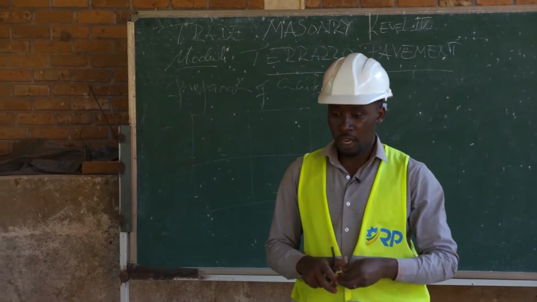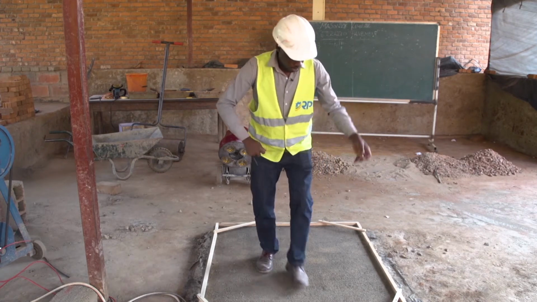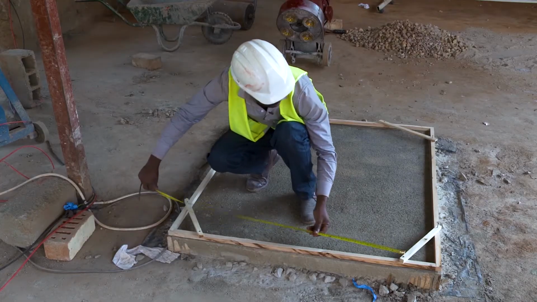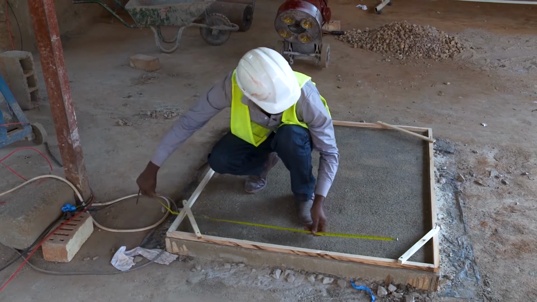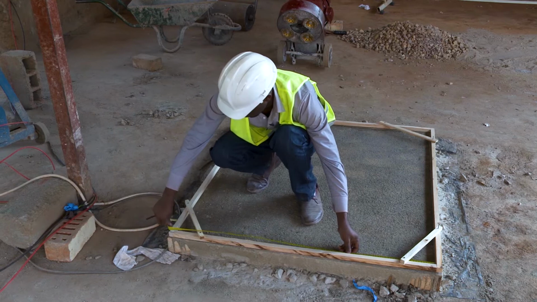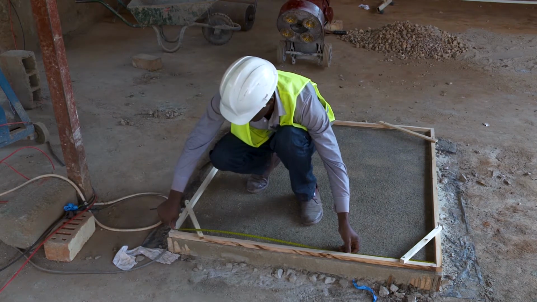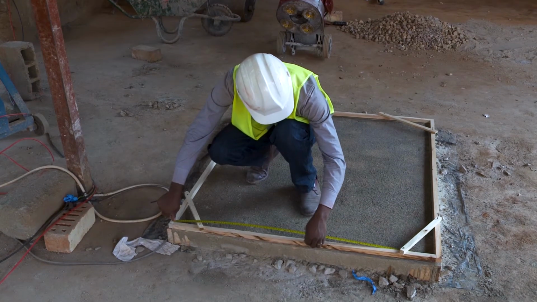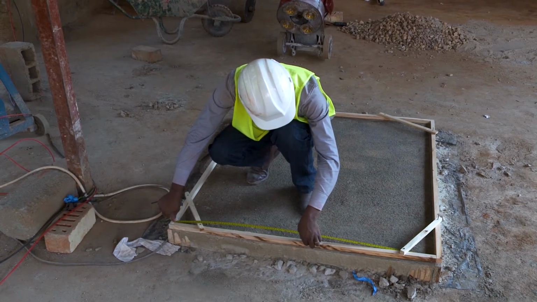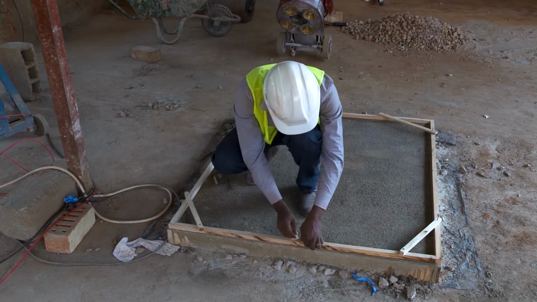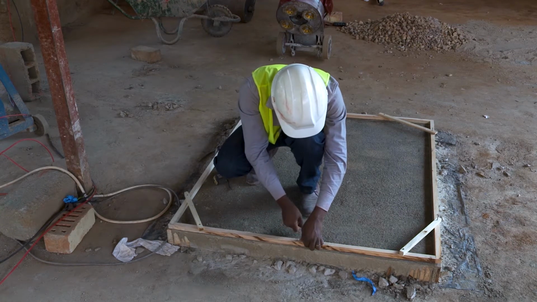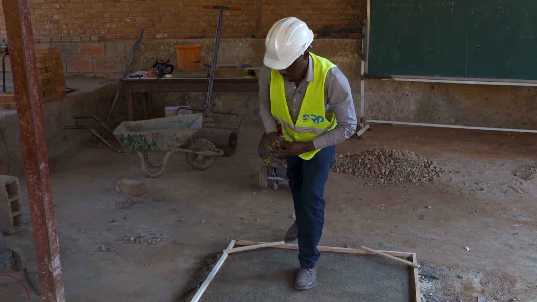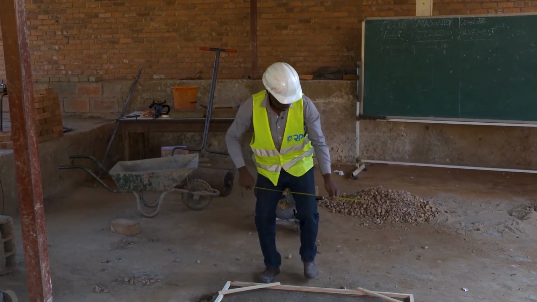If our slab has 110 centimeter, we search for the middle of this slab, which is equal to 55 centimeter. Then we go to another side.